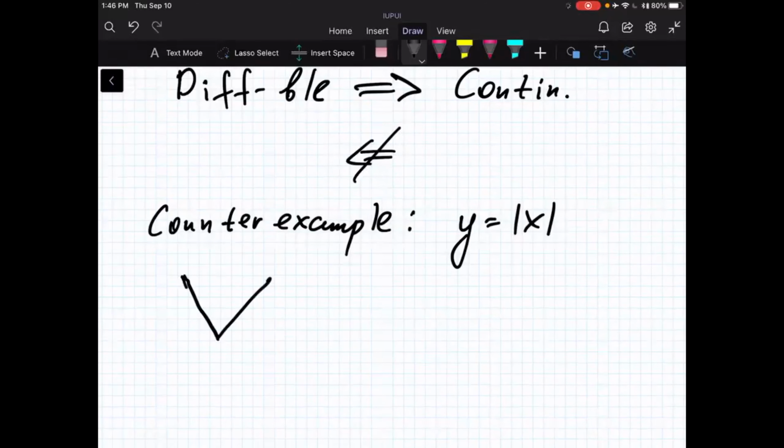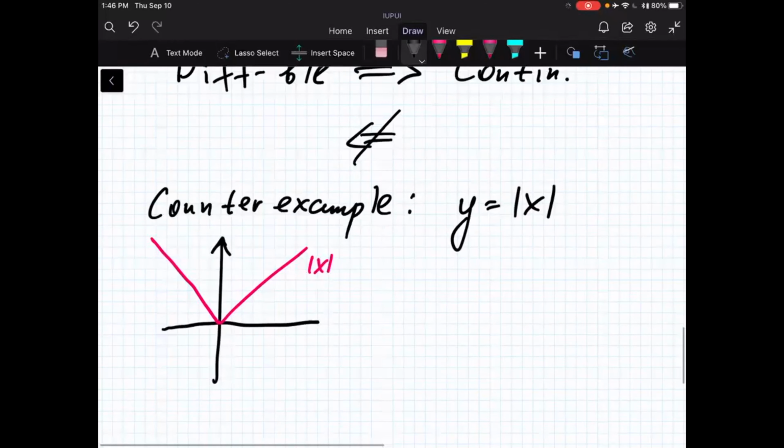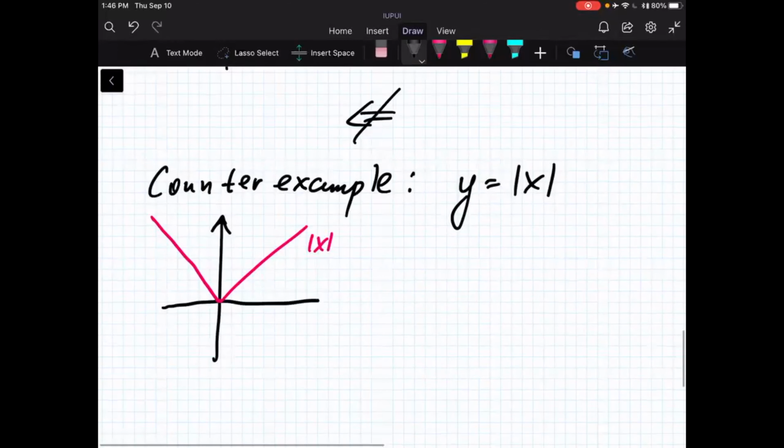But as we discussed, it has a problem at 0 because the left-hand side limit and the right-hand side limit of the derivative are different. So it's not differentiable at x equals 0.